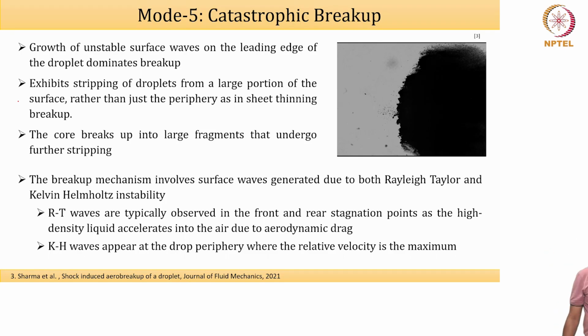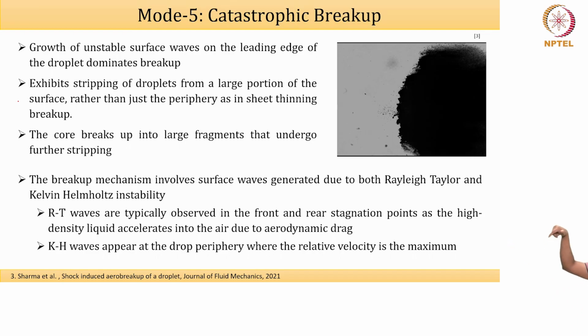So what happens is that it's a strange cross-talking now between the RT waves and the KH waves, okay. RT waves develop in the forward and the rear stagnation points, and the Kelvin-Helmholtz waves elsewhere, okay.